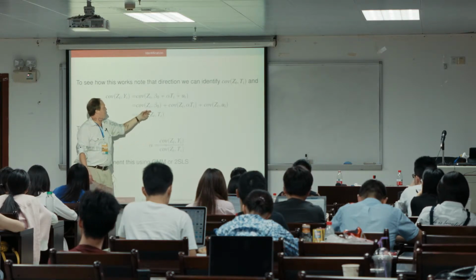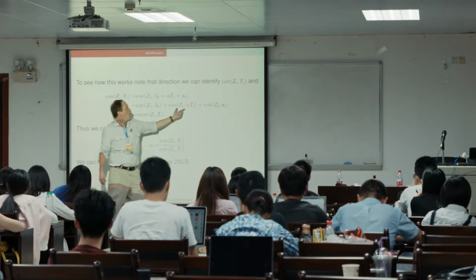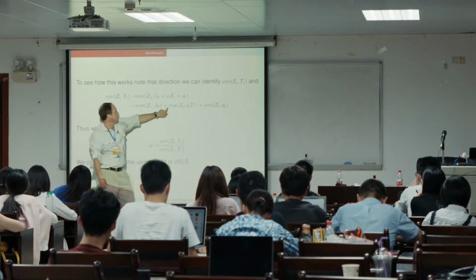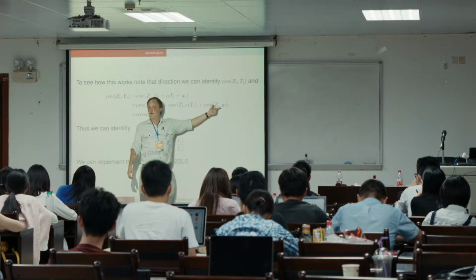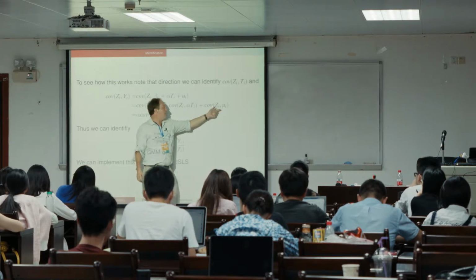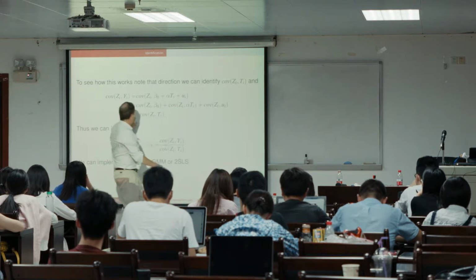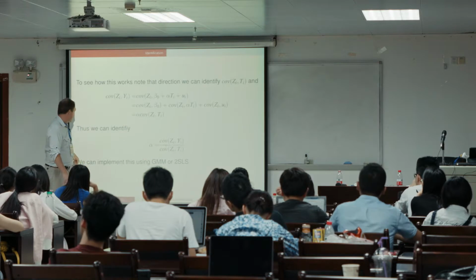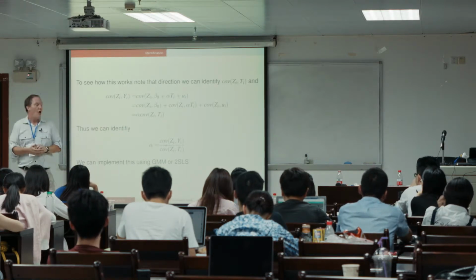Since beta naught is non-stochastic, this covariance is going to be 0. What is this covariance? Well, alpha is non-stochastic, so alpha comes out of the whole thing. So this is alpha times this covariance. And what is this covariance? This covariance is 0. I'm done. Because this thing is 0, I can write alpha as the ratio of this covariance to this covariance, and I can implement this using GMM or two-stage least squares, however I want to do it.